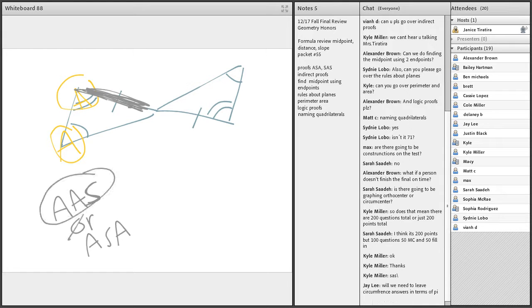Therefore, it is angle angle side. I'm sorry, angle angle side, not the other way around, okay? And same thing for the other picture. If you look at your two angles that are marked, I'm going to color in gray again. This is the marked side, and it's only touching one marked angle, so it's angle angle side.